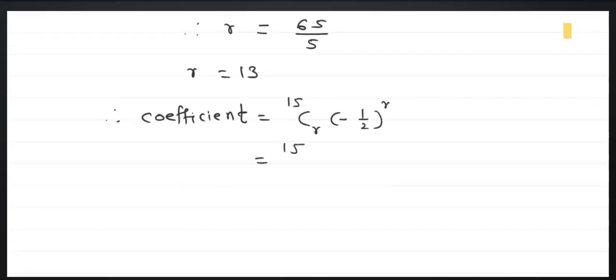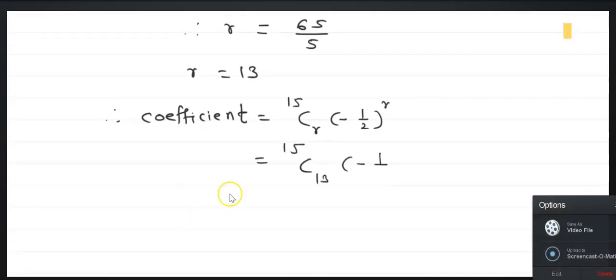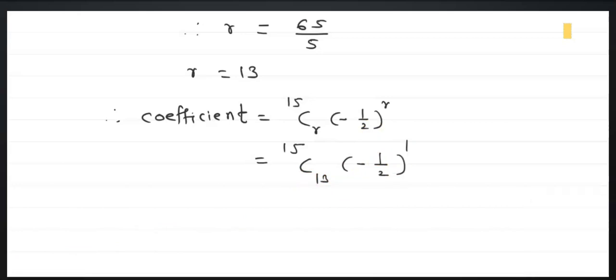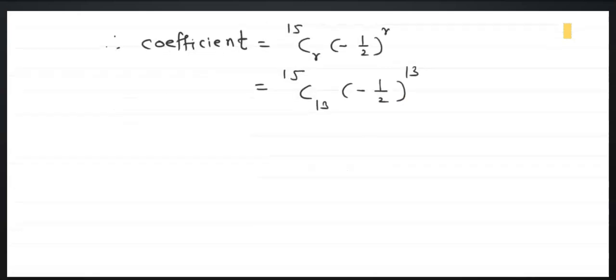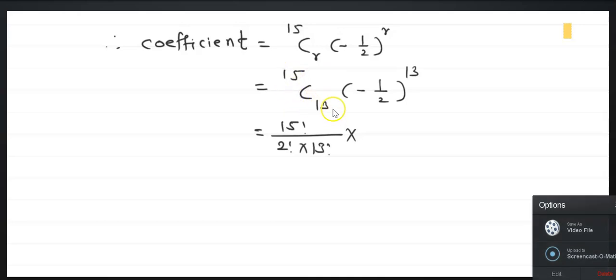Now substitute r equals 13 here: 15C13 (minus 1/2)^13. Now the calculations. 15 factorial upon (15 minus 13) factorial, means 2 factorial into 13 factorial, times (minus 1/2)^13.